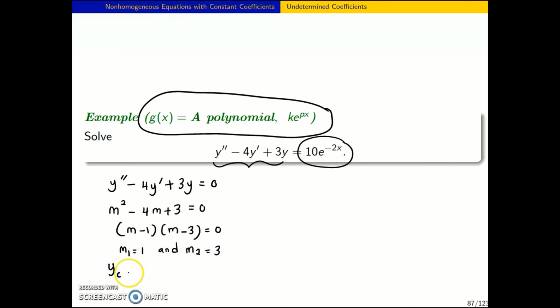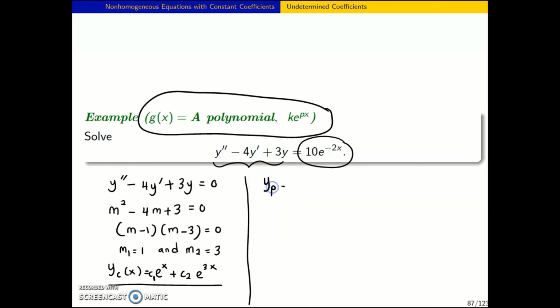So my complementary solution is c1 e to the x plus c2 e to the 3x. Okay, this is my yc. Now to find yp, we must decide the form of yp that we want to take.